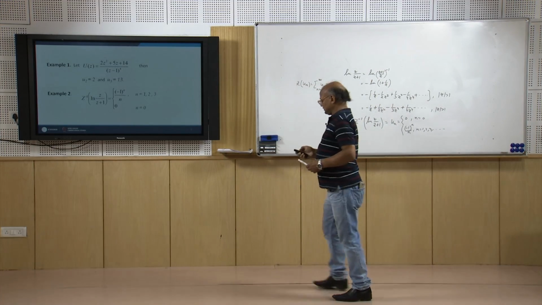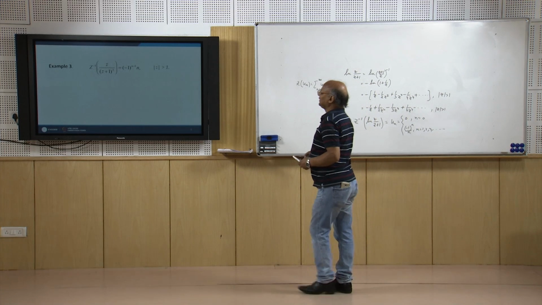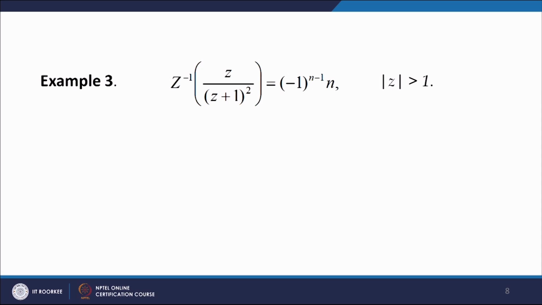Let us now go to the next slide and see how we find the inverse z transform of z over z plus 1 whole square.